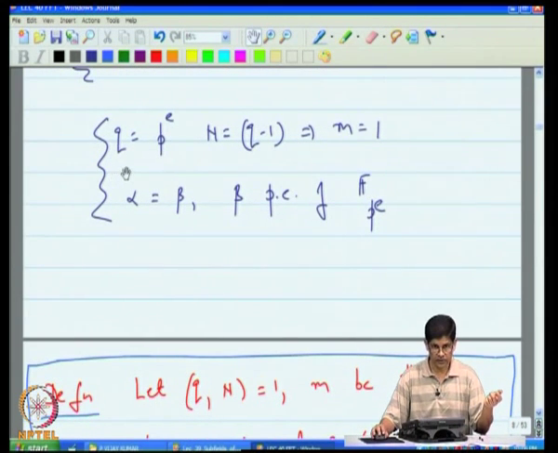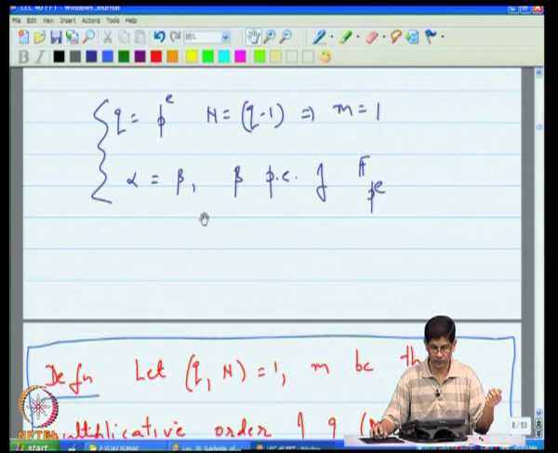The second example, which often crops up with Reed-Solomon codes, is that q is a power of p and n is q minus 1. Note that the condition that n and q are relatively prime is satisfied, in which case you are looking for the smallest power of q which is equal to 1 mod n, but since q is n plus 1, that is just m equal to 1.